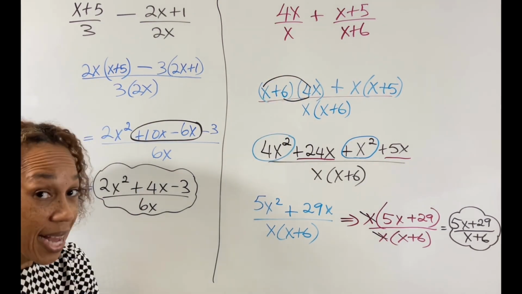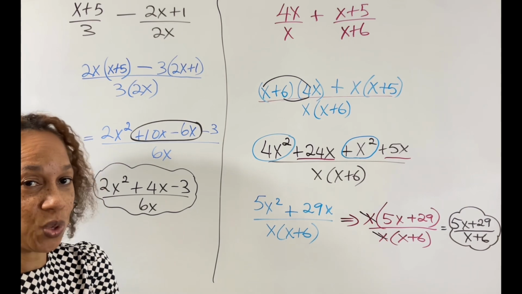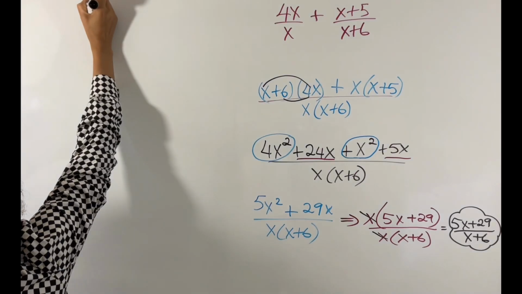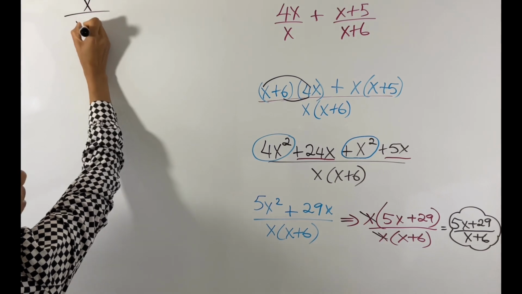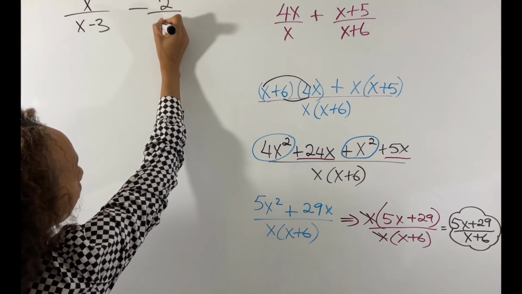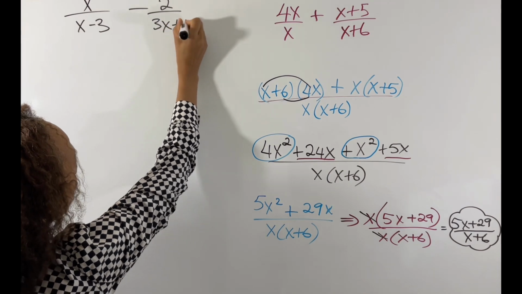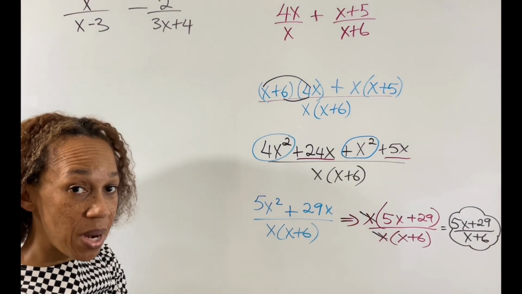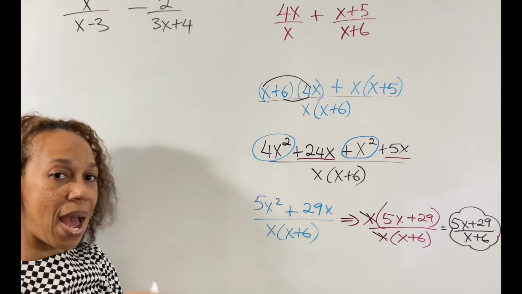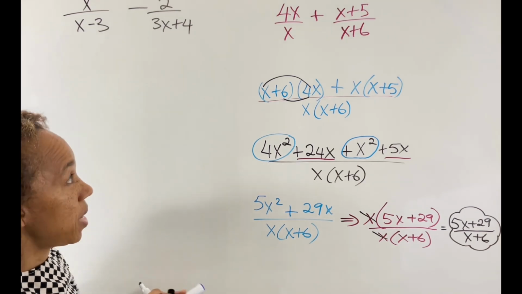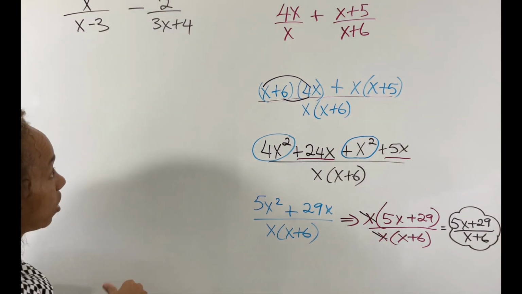Now my third example that I'm going to demonstrate to you, check this out. You're going to see what's coming next. So our third example is going to be x over x minus 3, and we're going to subtract 2 over 3x plus 4. You'll notice that in this example, the denominators are both binomials, but they are still uncommon denominators. So let's get right into solving this problem.